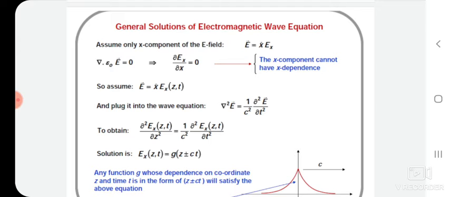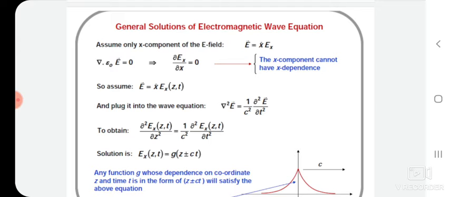Therefore, del dot E is also equal to 0, or dou Ex by dou x is equal to 0, because the x component cannot have x dependency. So assume E is equal to x-cap Ex(z,t).